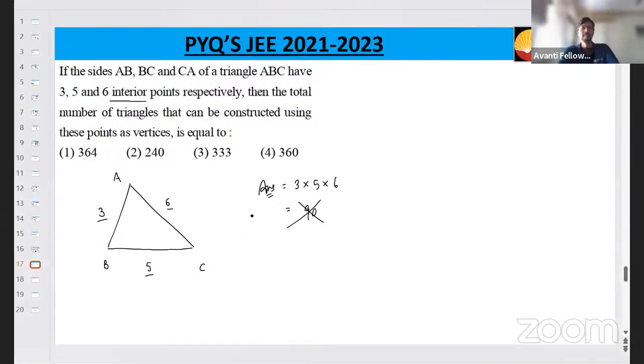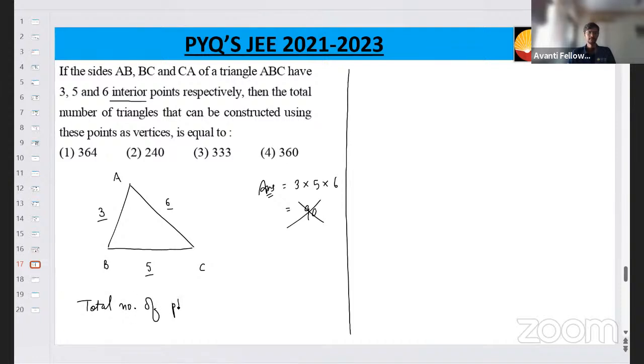यहाँ पे we can use the approach of, you can say, subtracting, right? That will work here. So let's try that. What we'll do is total number of points are 6 plus 5, 11, 14.